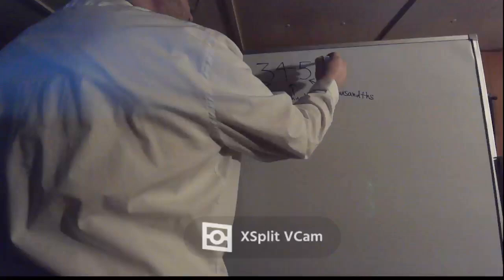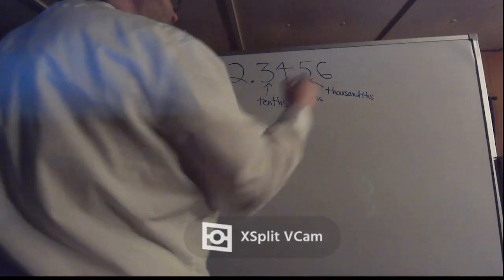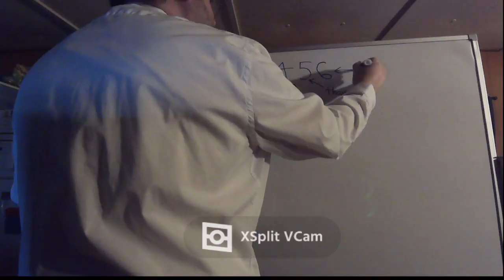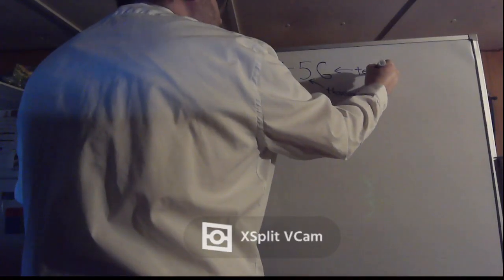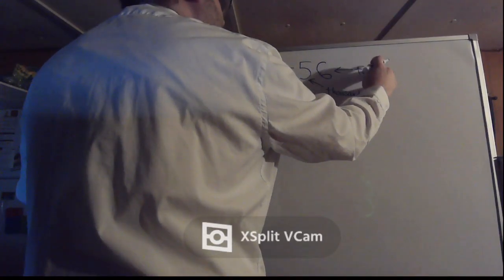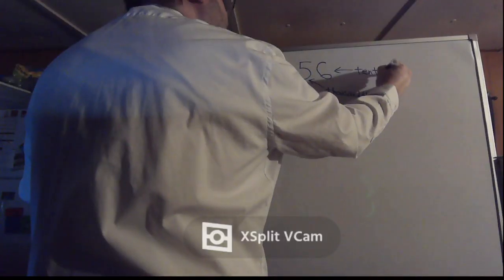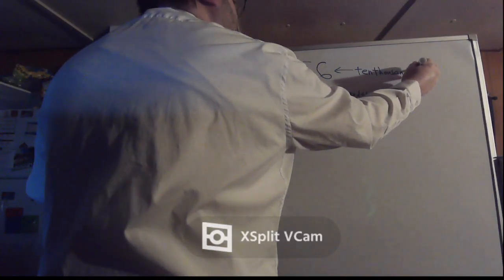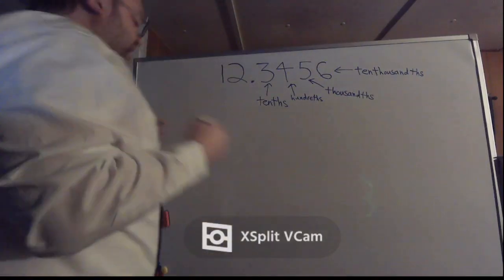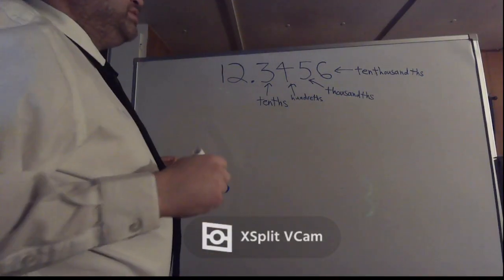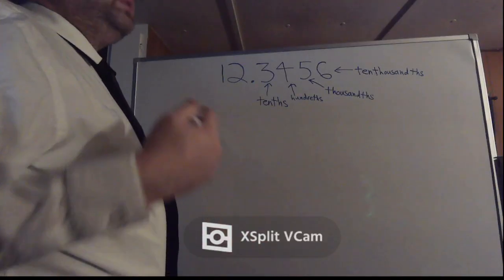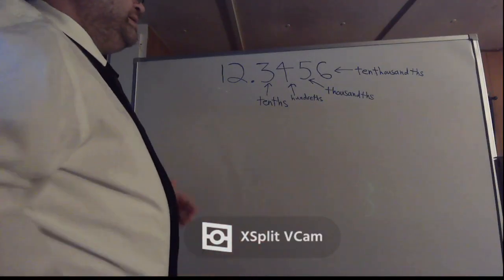Let's say I add a 6, I'll have the 10,000ths place. I could keep going. The next decimal place would be the 100,000ths place, then the millionths place, and so on.